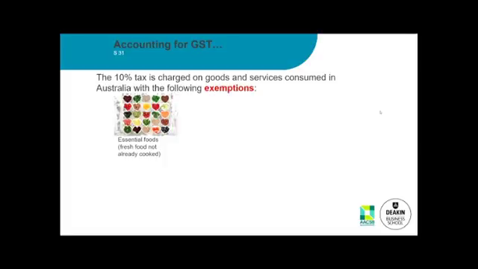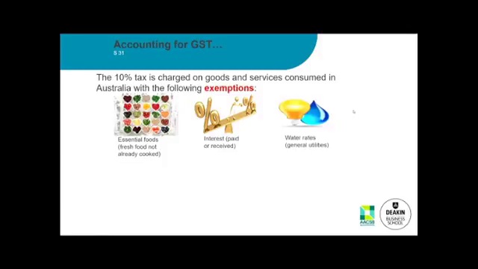Now, these are the exemptions that we have. If it's fresh food, right? So if it's fruit and veggies, no GST. Right? Not cooked, no GST. So if you buy a chicken from the supermarket and it's uncooked, there'll be no GST. If you get a roast chicken that's already been on the rotisserie, you'll pay an extra 10%. Right? That's the way it works. There's no GST on interest.